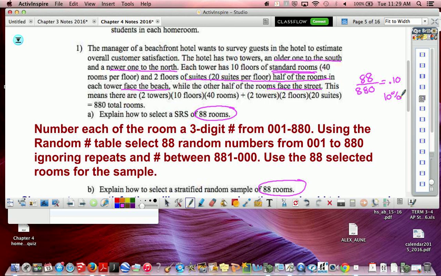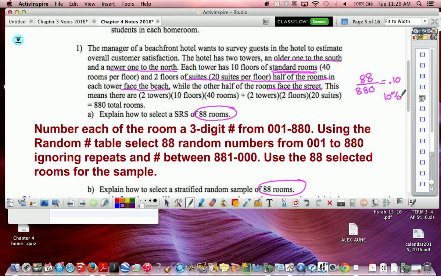So I want 10% of 200, or 20 of each of those rooms. Likewise with the suites, there's 20 per floor, there's 2 floors, so there's 40 rooms in each tower, but half of those face the street, half of those face the beach, so there's 20 of each of those types of rooms. So I want to take a simple random sample of just 10% of those, or 2 of them. Okay? So I want to then combine all of that for my entire sample.